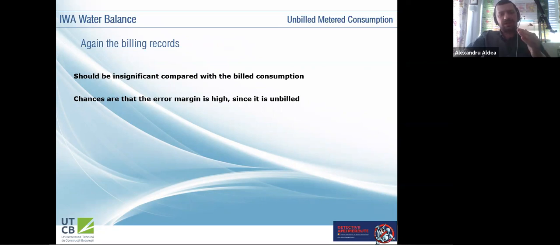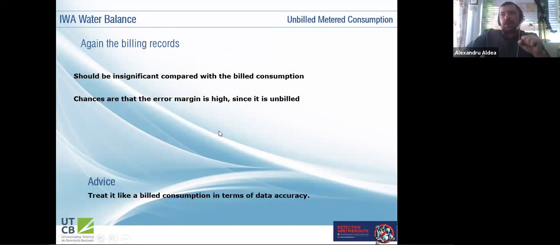Probably they don't do the index reading properly and so on. So chances are that the errors here, the meter errors and the data handling errors, must be higher. So if you can, you have to verify this type of consumers separately. And you have to treat it like billed consumption in terms of data accuracy.